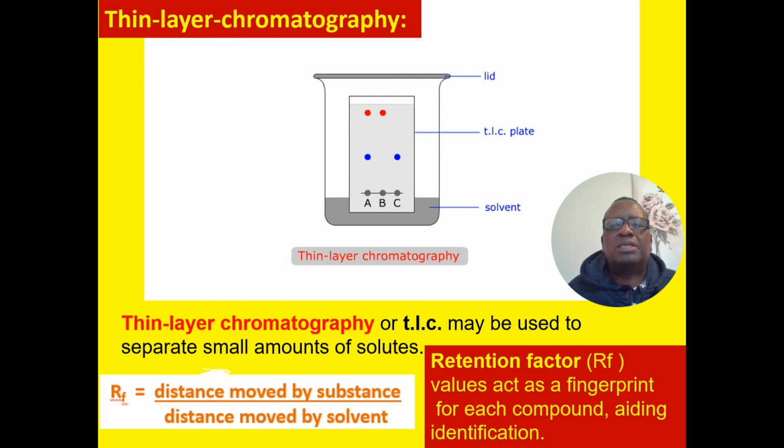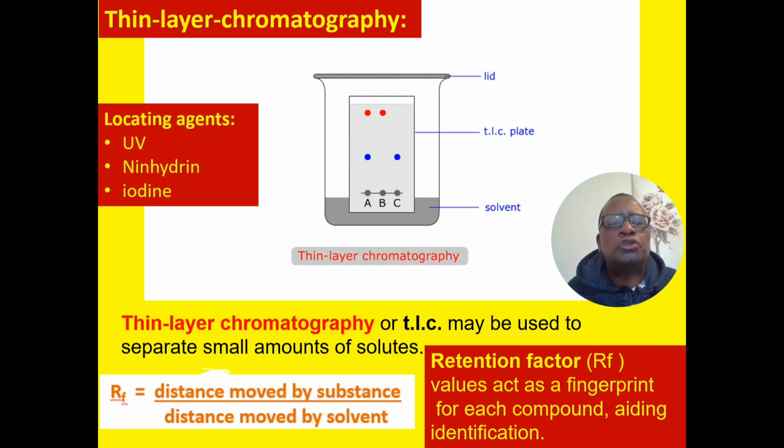Sometimes in the synthesis of aspirin, your chromatogram, this one here, the spots are not clearly visible. So what we had to do is use what are called locating agents. We used UV light. If you put the chromatogram under UV, you will be able to see the spots more clearly.